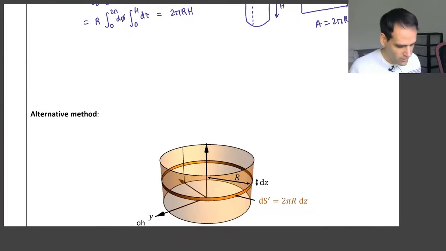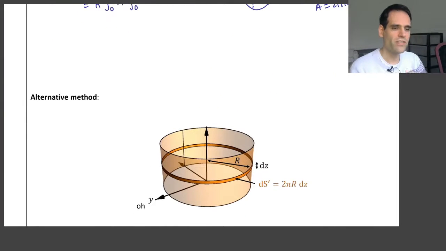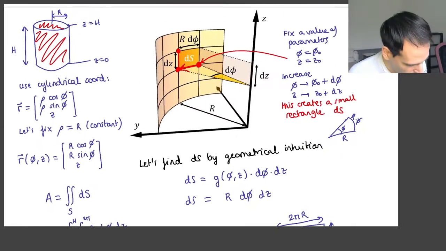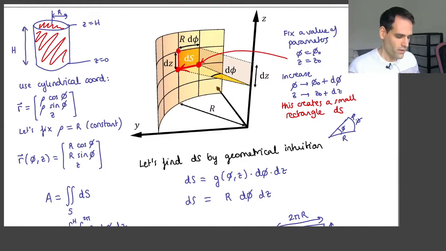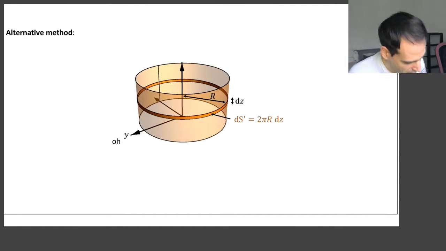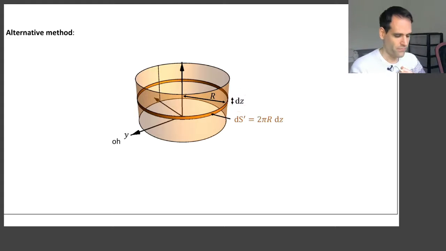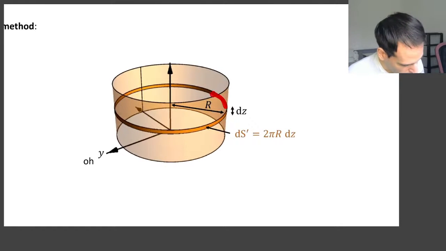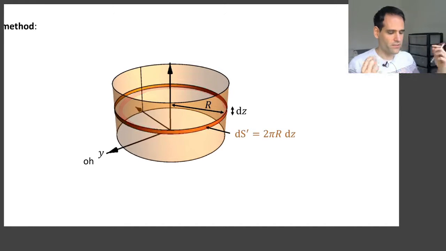And finally, there is also an alternative method, which is to imagine, instead of a little tiny square, dividing the cylinder into ribbons like this, but ribbons with a differential height, dz. So you could also do this, that's fine. So then what is the area of this ribbon?